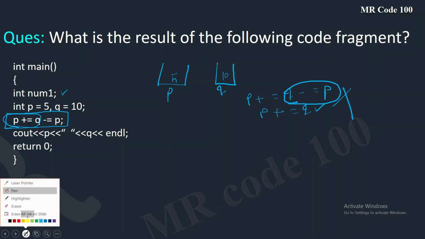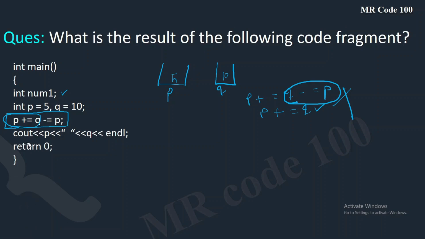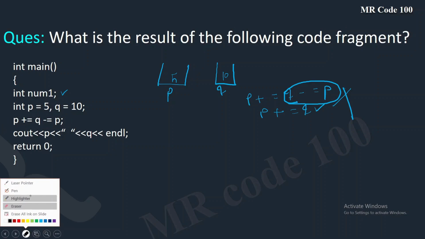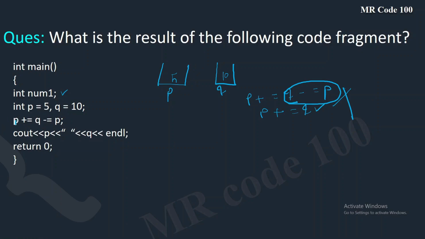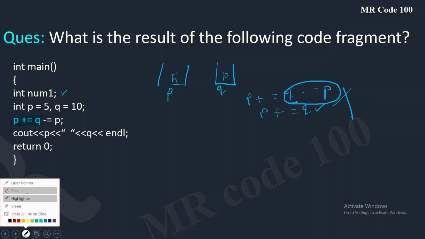Why? I'm telling you. Because this thing, as you can see here, is not an equation. This thing is not assigning the value actually. So what does this mean?